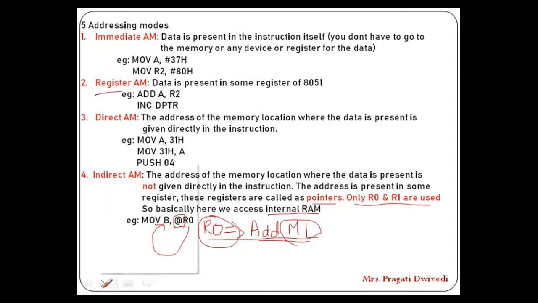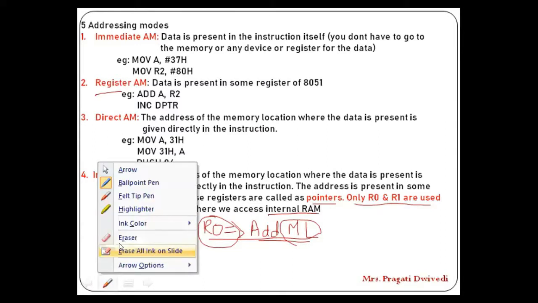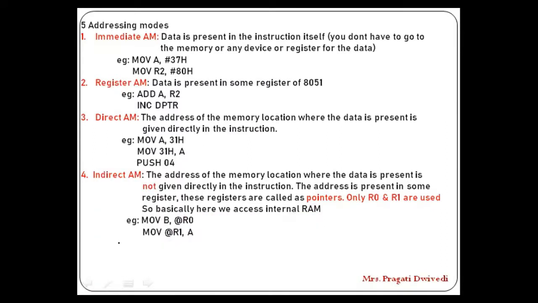Now we'll see another example related to indirect addressing mode. All right, now here you have to take the content of the accumulator and move it to a memory location, not into R1. But where you have to move it, which memory location, for that you need to go to R1.